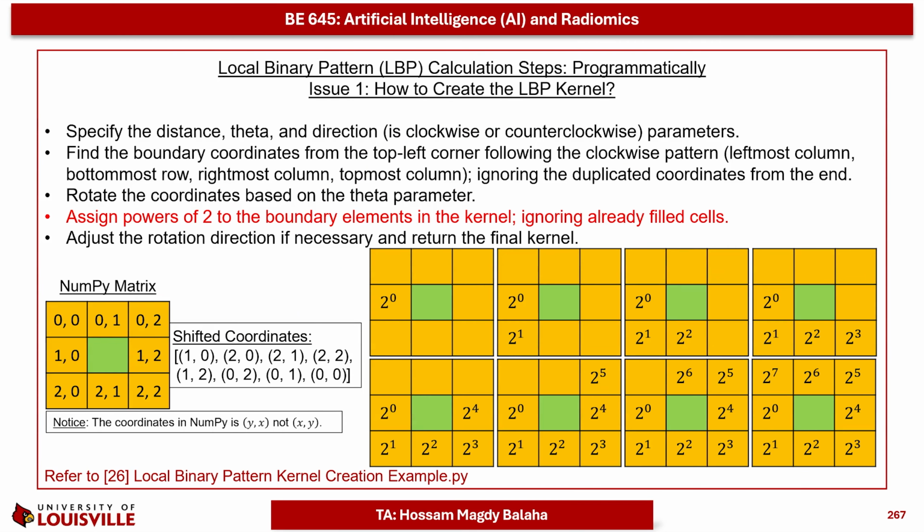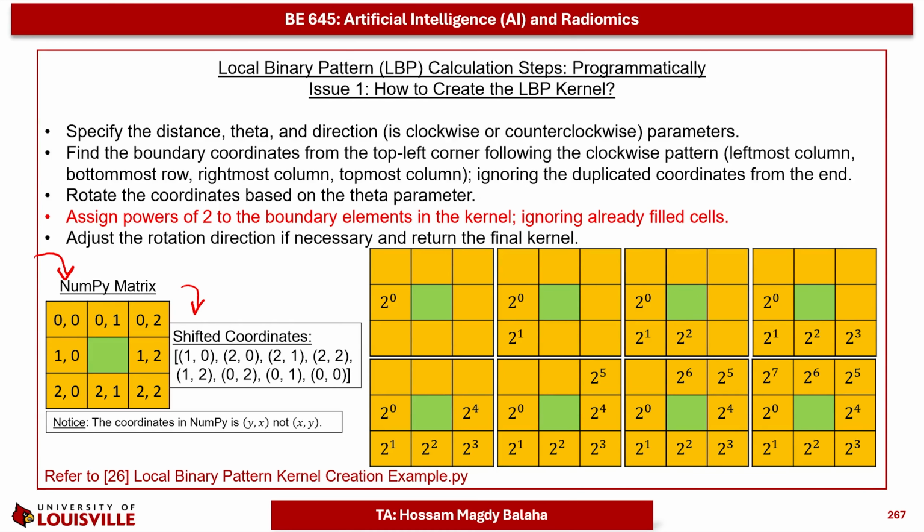We need to fill the matrix based on these coordinates. First, we will be manipulating the coordinates following the NumPy matrix, as these shifted coordinates and the NumPy matrix will be starting from y then x, not x and y, as we are dealing with traditional mathematics.